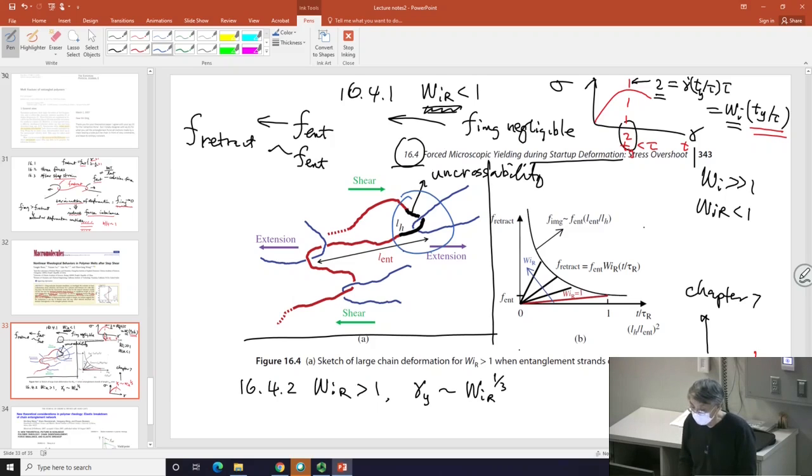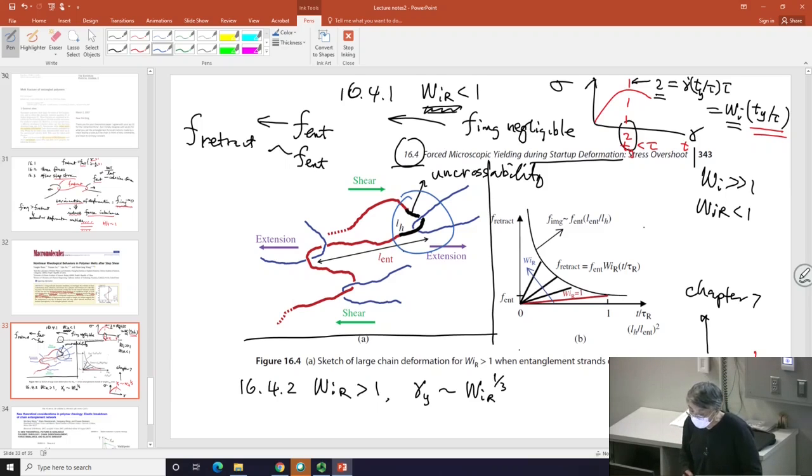This junction is very effective when we first start to deform because of uncrossability. Over time, this chain will start to relax.